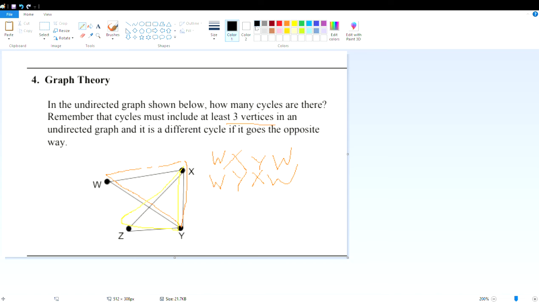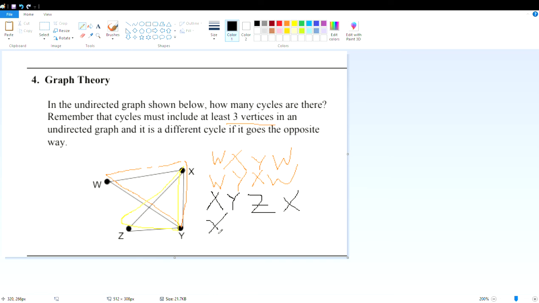So in this one, it would be X, Y, Z, and then back to X. And then we can go the other way.